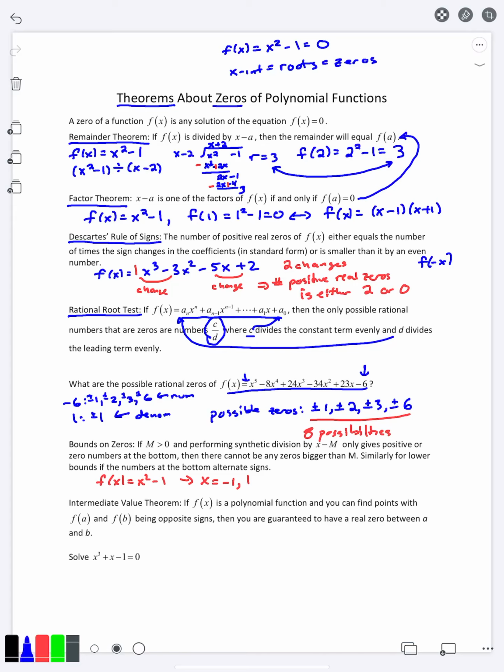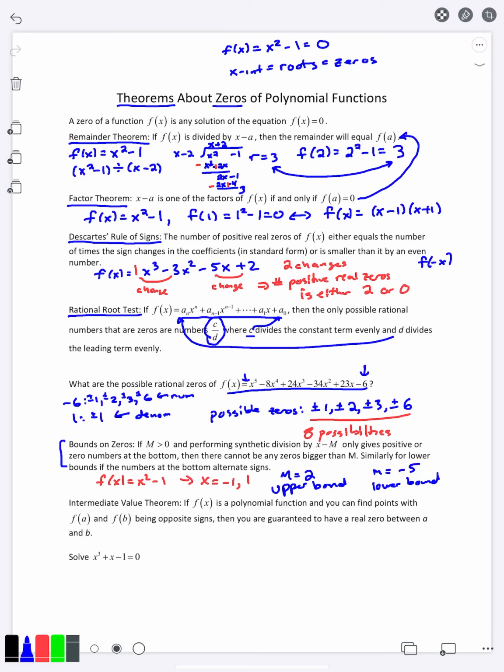And so if I had capital M to be 2, this is a number that is bigger than every possible zero that we have. This would be called an upper bound. And if I were to pick, I don't know, little m to be -5, this is something that's smaller than every possible zero. This would be a lower bound.